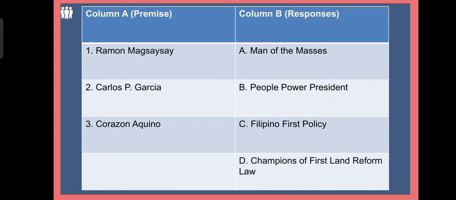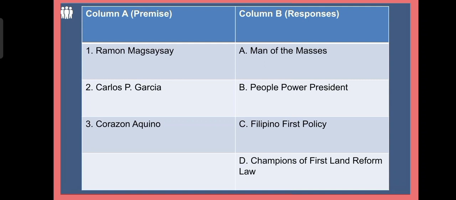The descriptions might include things like man of the masses or champion of first land reform law, while the names would include people like Ramon Magsaysay or Corazon Aquino. In this scenario we need to match each description with its corresponding president name from column B. However, since there are more names than descriptions, some names will not be used at all.